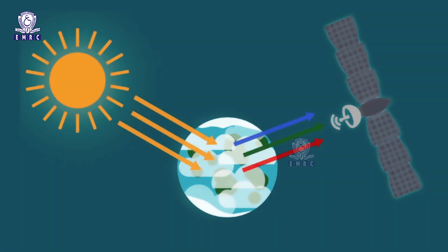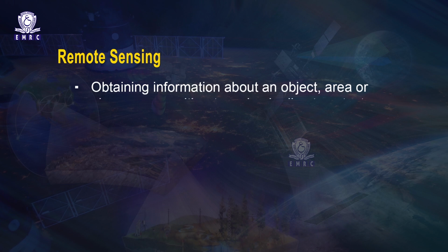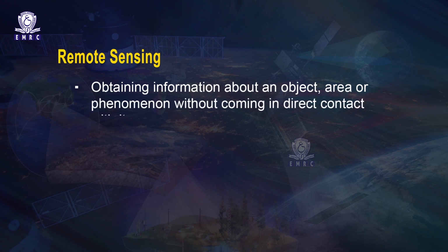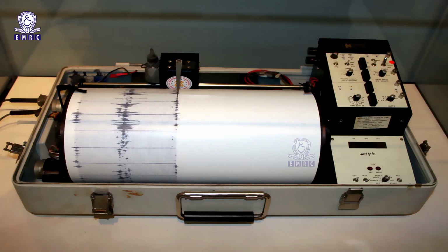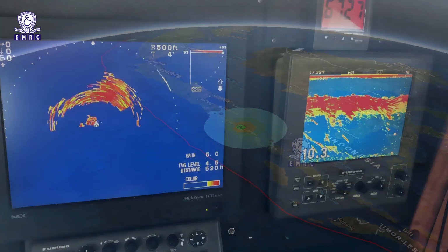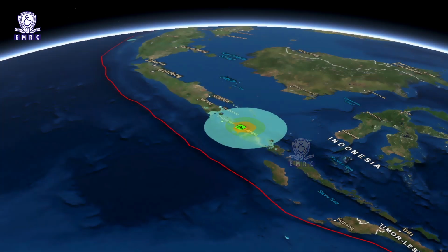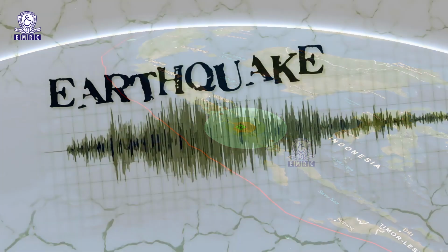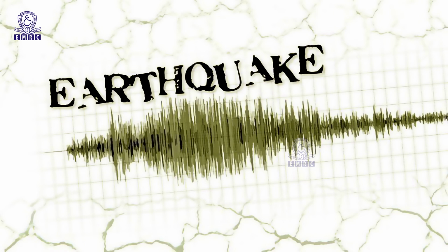Literally, remote sensing means obtaining information about an object, area, or phenomenon without coming in direct contact with it. If we go by this meaning, then a number of things would come under remote sensing, for example, seismographs, bathymeters, etc. Without coming in direct contact with the focus of an earthquake, a seismograph can measure the intensity of the earthquake.